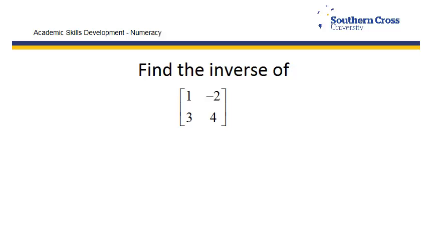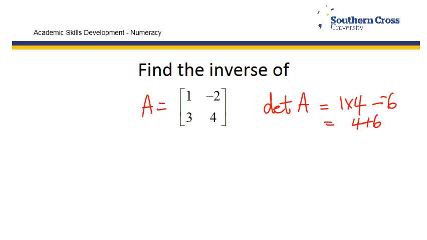Let's say this matrix is A, then the determinant value of A is equal to 1 times 4, subtract the other diagonal, which is minus 2 times 3, which is minus 6. So that is 4 plus 6, which is equal to 10.